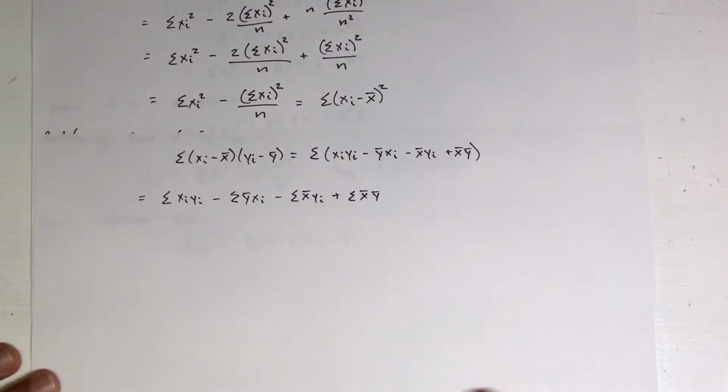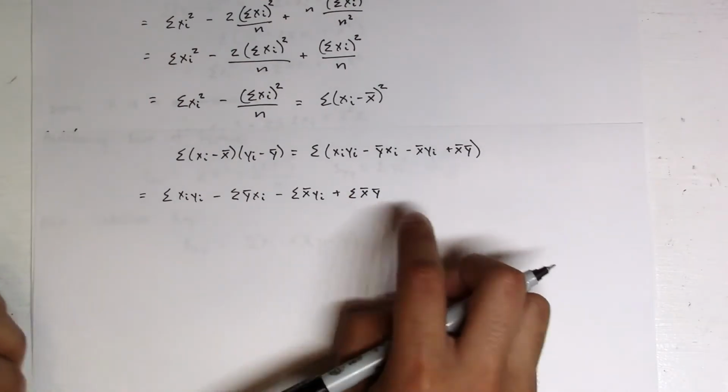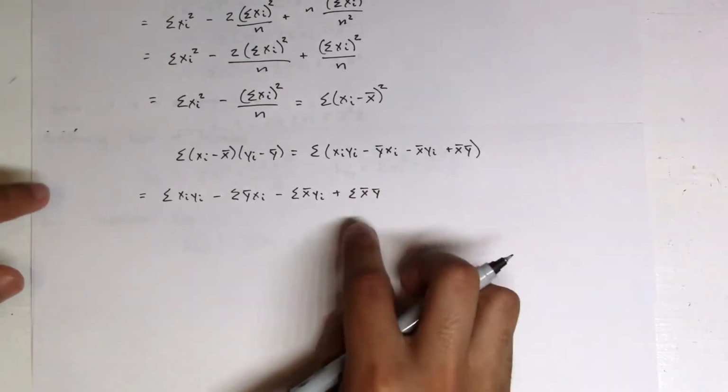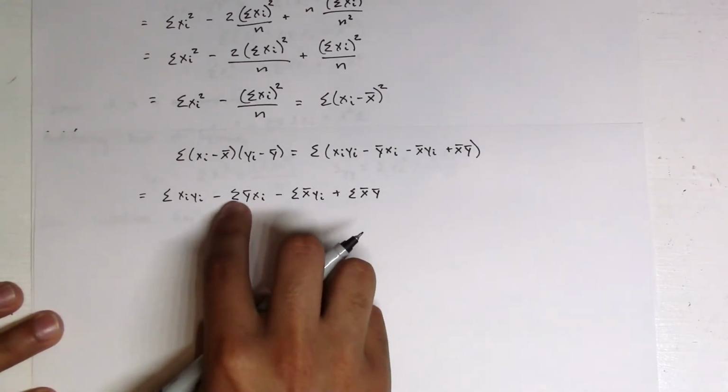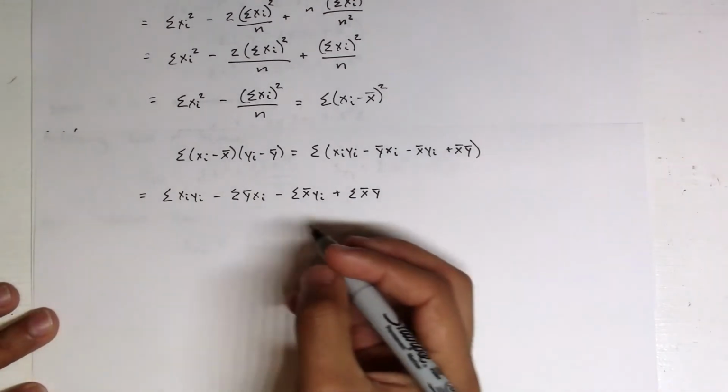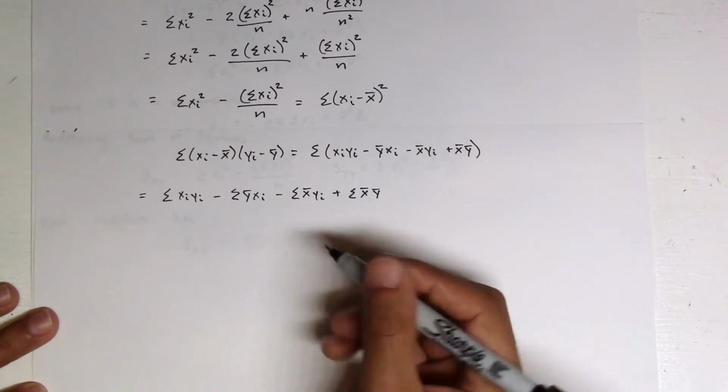As before, x bar and y bar are constant, so we can move them outside the sigma.